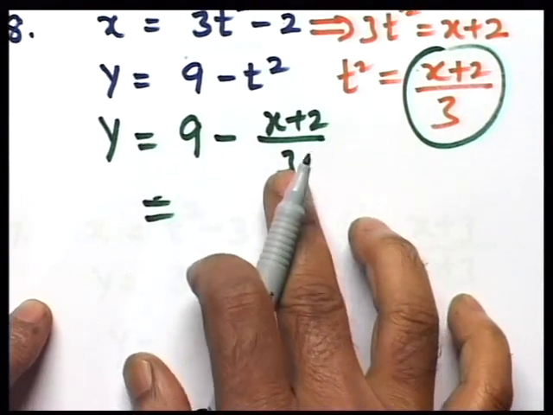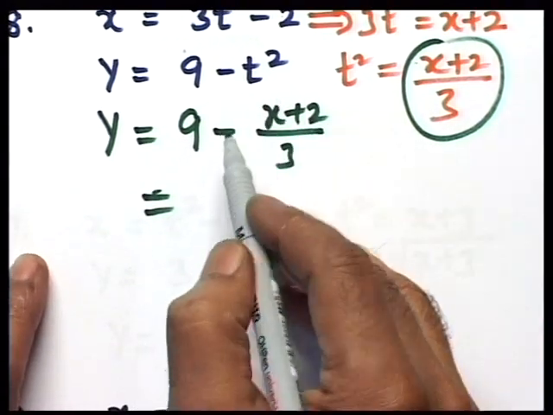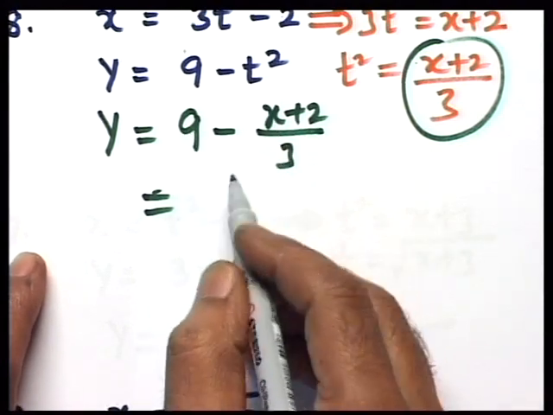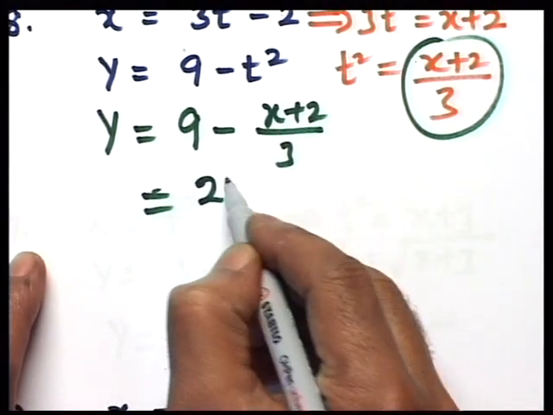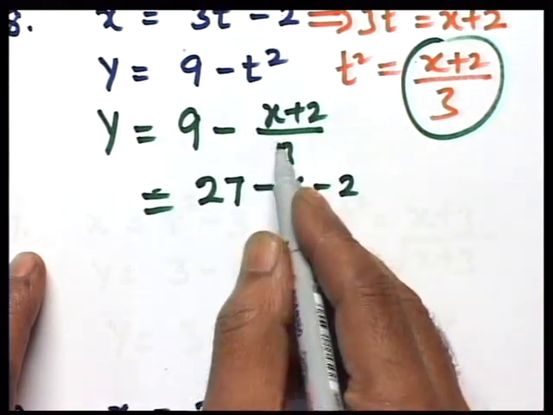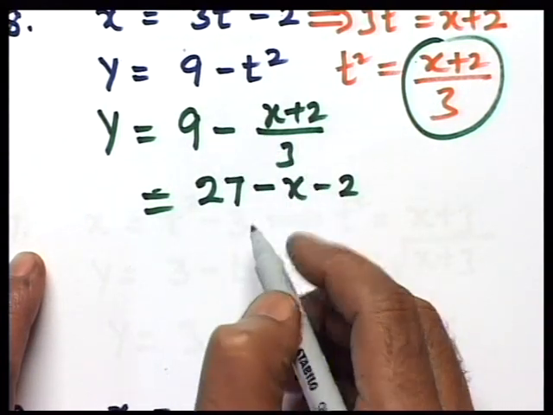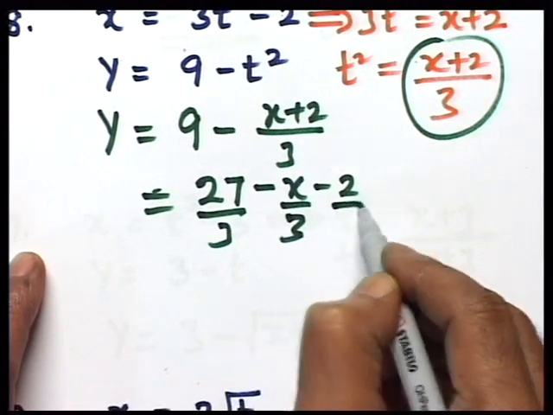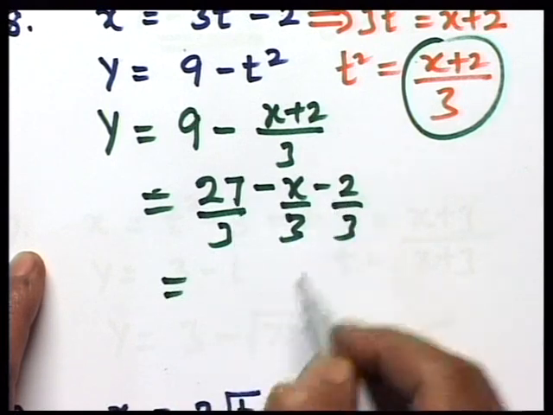But this is where I want you to listen. You mustn't leave your answer like this. There is a little bit more to it. 3 9s 27 and minus x minus 2. You all know how to take the LCM. Then we divide by 3, divide by 3 and divide by 3. So 27 minus 2, 25.